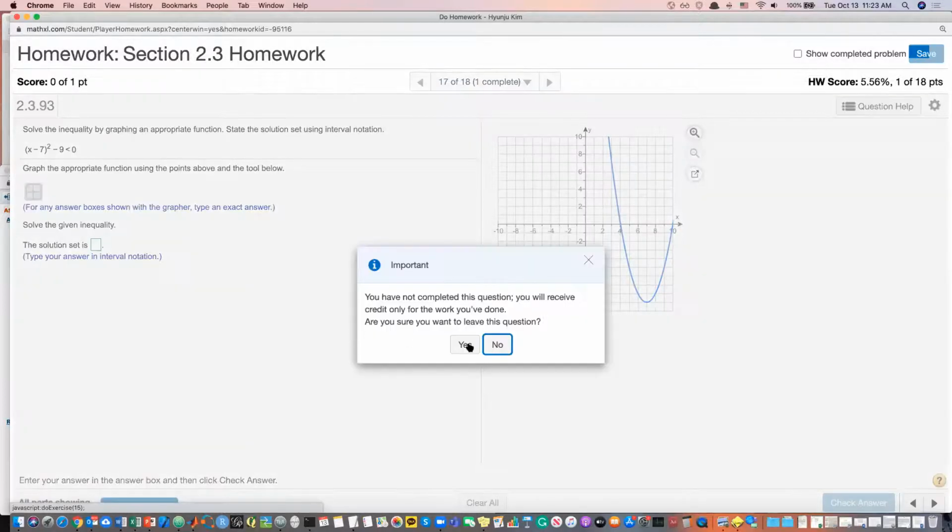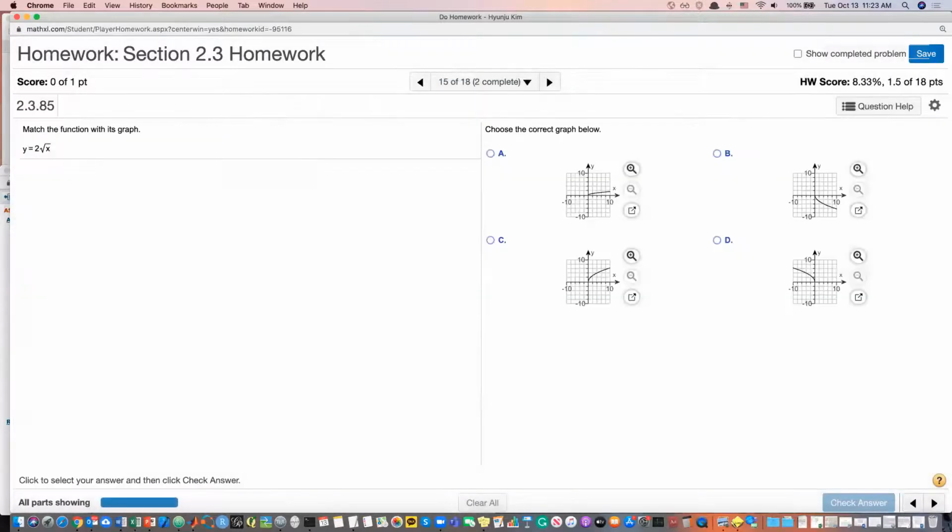Now see number 15. Let's see. Yeah, problem number 15. Okay, so let's see. It's not a big deal to find the solution, but okay.